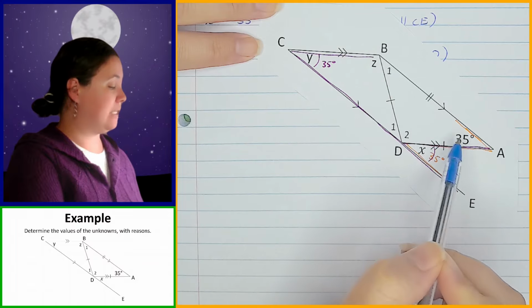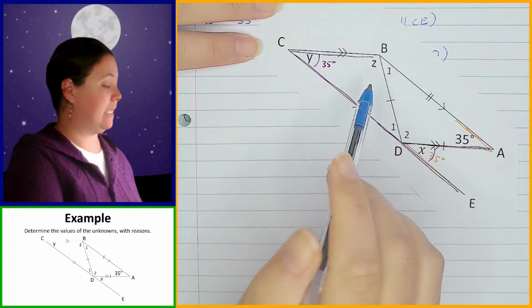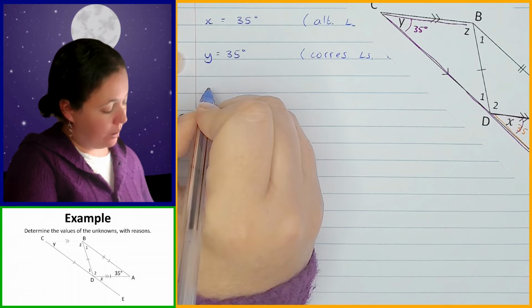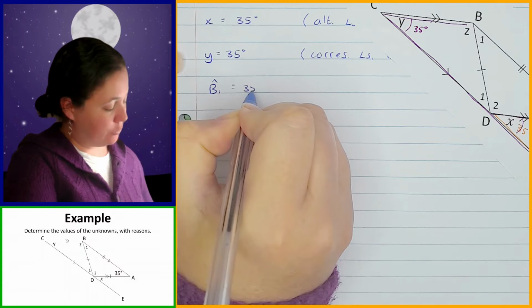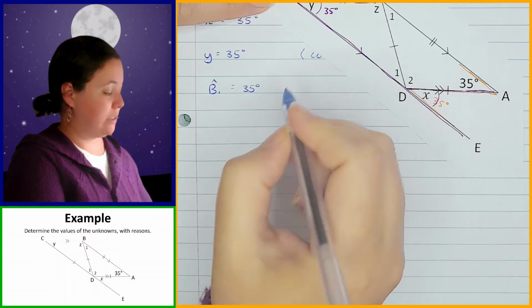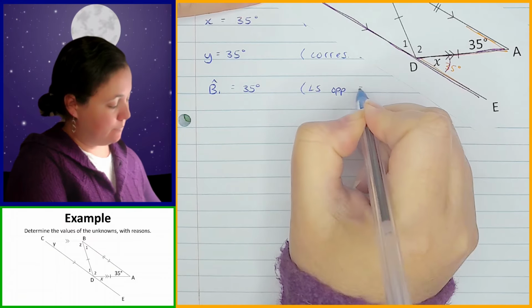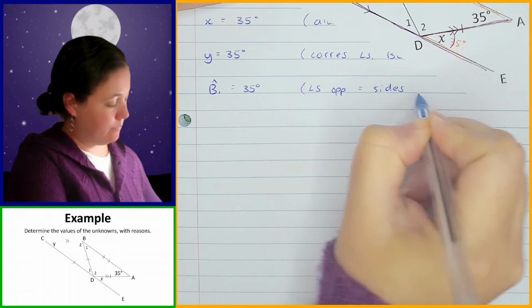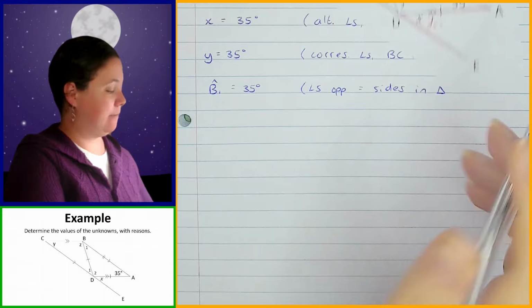So angle B1 is equal to 35 degrees. And my reason is because they are angles opposite equal sides in triangle ABD.